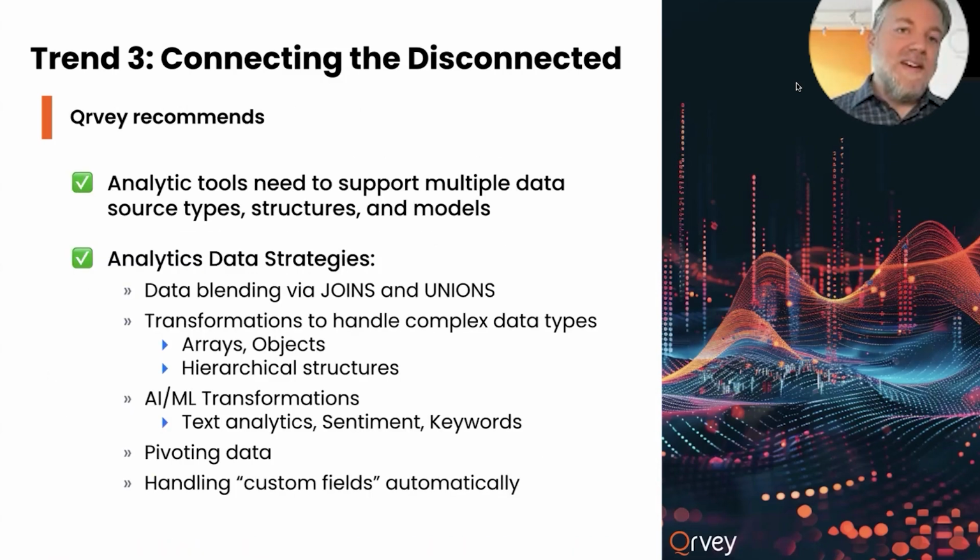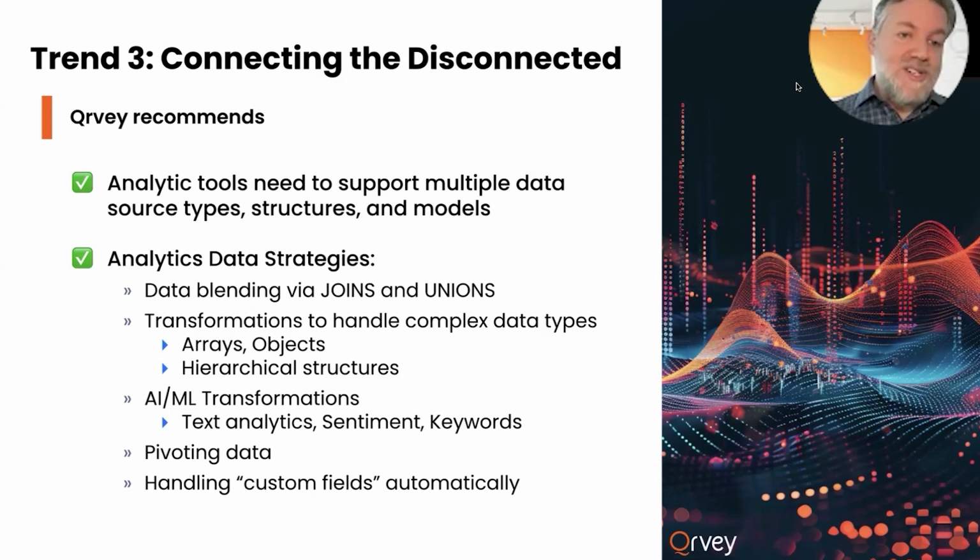So with that, one of the things that we really recommend is figuring out the right way to support multiple data source types across different structures and models. So how do you blend together that semi or unstructured data into your SaaS product analytics for your customers? Look for tools that allow you to blend that data with joins and unions. Custom transformations can help you handle those more complex data types.